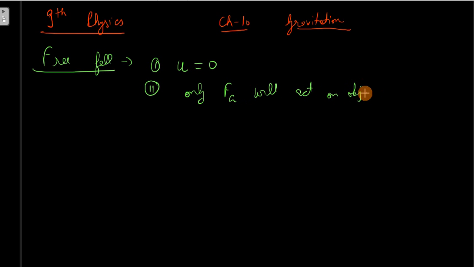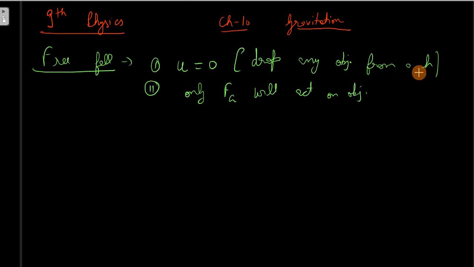No other force. Let us say a car starts from rest and moves on a straight road. That means the engine is applying force, so that is not considered free fall. Free fall means when we drop any object from a height. If we drop any object from a particular height, that is called free fall.